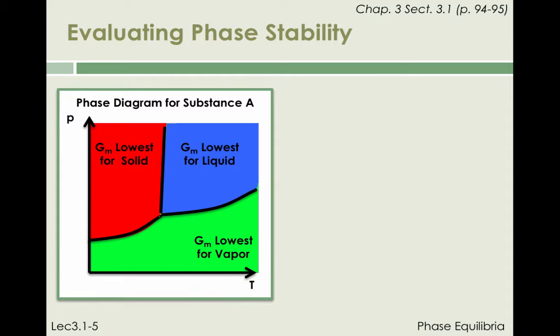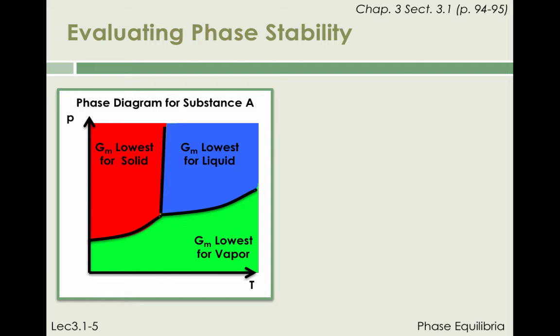We can represent the results obtained on the preceding slide by stating that the liquid state region is where the molar Gibbs energy of the substance is lowest for the liquid state. Obviously, the same reasoning would apply to the solid and vapor state regions.